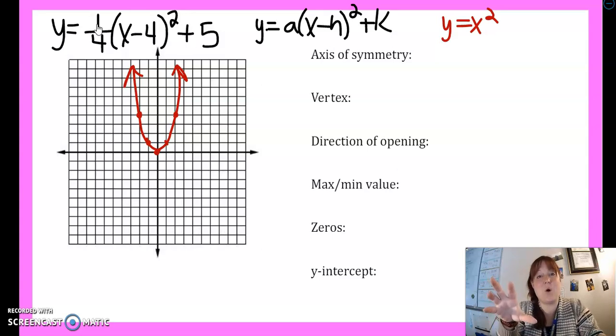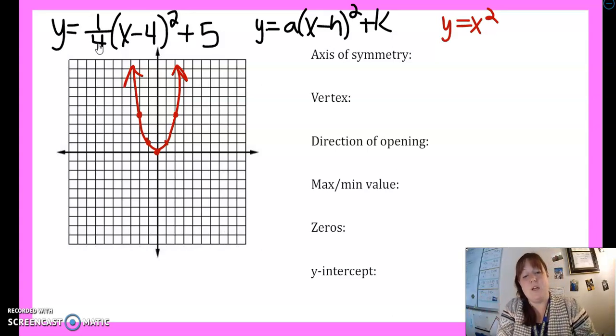And because it's a y transformation, y doesn't lie, so it does exactly what it looks like. So right here, it looks like I'm multiplying my function by 1/4. So that's exactly what I'm going to do. I'm going to take my y values, my output, and I'm going to multiply them by 1/4. Okay? So my input, or my x values, don't actually change, only my output, or my y values, change.